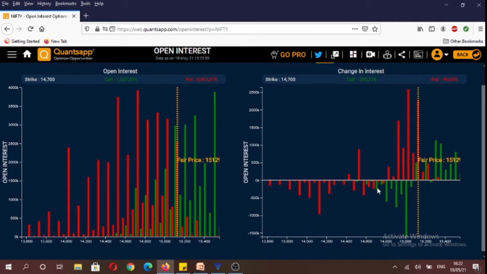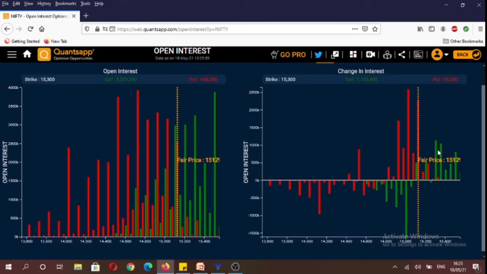And in the money calls, 14,700, 14,800, 14,900, 15,000, saw their open interest reduce. So call option buyers have booked their profits, and call option writers have booked their losses. The highest amount of calls were written intraday today at 15,300 strike.